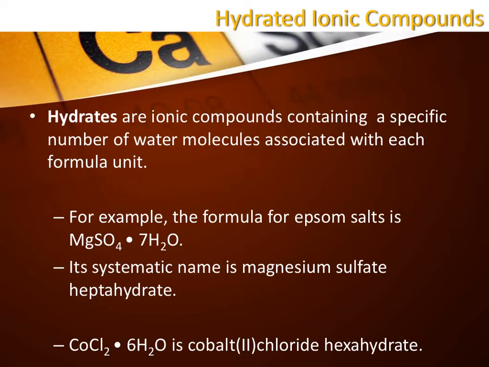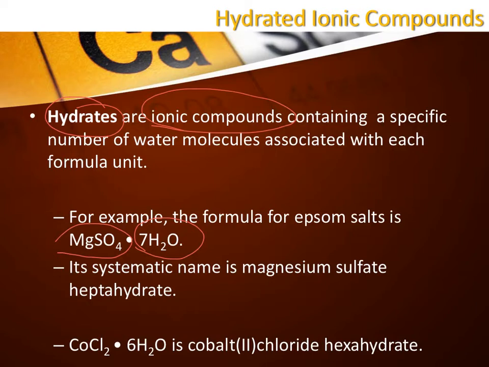Alright, this is just a little quirky one-slide thing, but it's something you're going to need to be aware of. There's a type of compound called a hydrate. It's only a type of ionic compound, not a covalent type. Basically it's a compound that has water molecules actually bonded in with the ionic compound itself. It's because water is very attracted to ionic compounds.